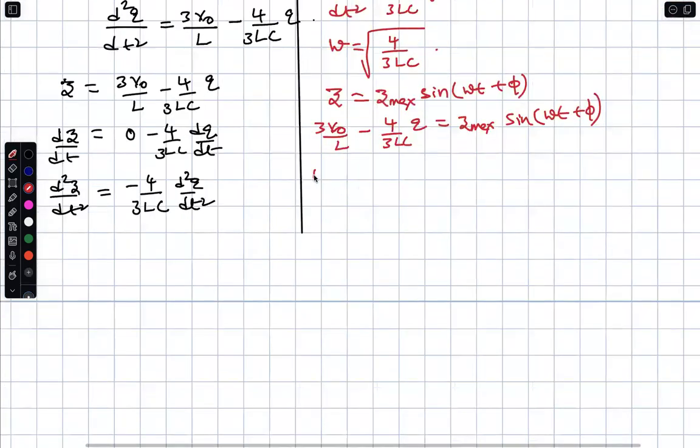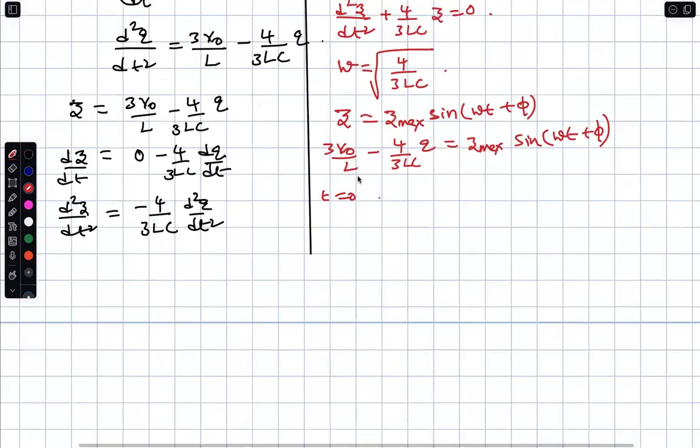Put t equal to 0. When t is equal to 0, q is equal to 0, z becomes 3V naught by L. So 3V naught by L minus 0 is equal to z max sine phi.